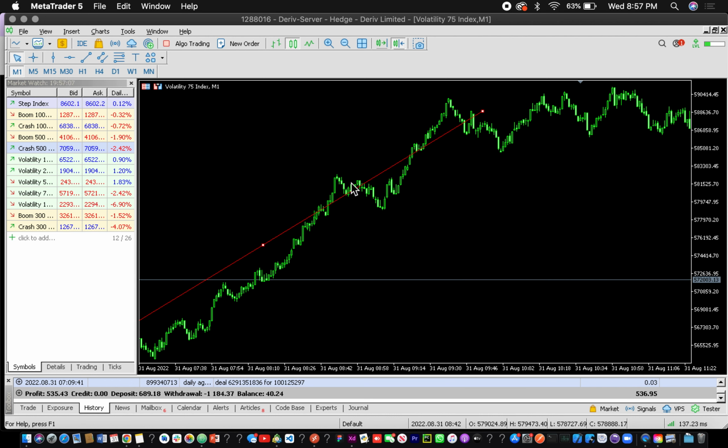Almost all the candles have wicks, and then there are a lot of these little dojis, inverted hammers and all this stuff. There are a lot of them in the trend. When you see this, then you know that a trend is very powerful, and the chances of reversal are very slim, right?